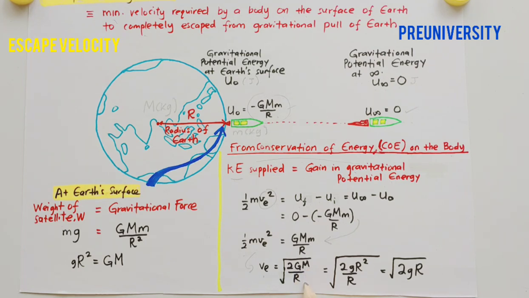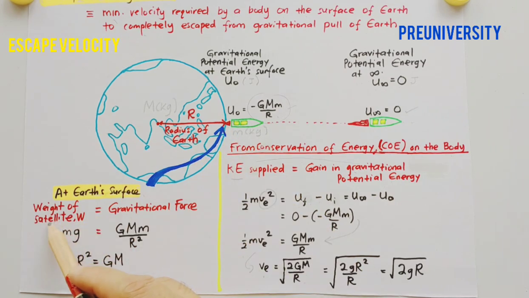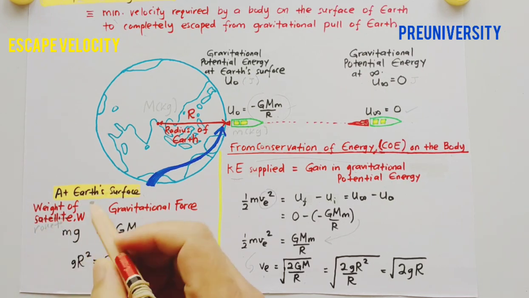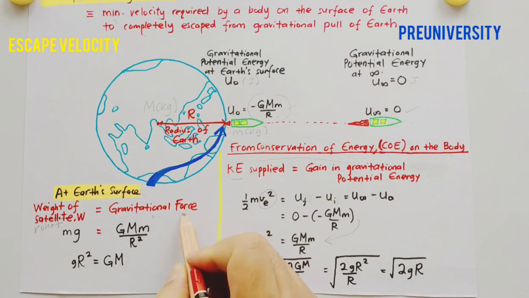So before we continue, I just want to refer here. At the Earth's surface, the weight of the rocket, W, is equal to the gravitational force.